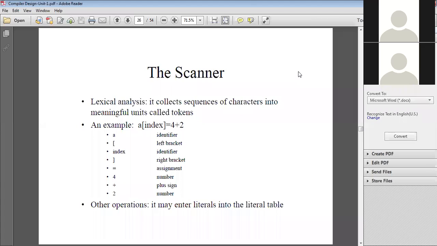These are called the different tokens, so it will scan your program. Are you getting it?